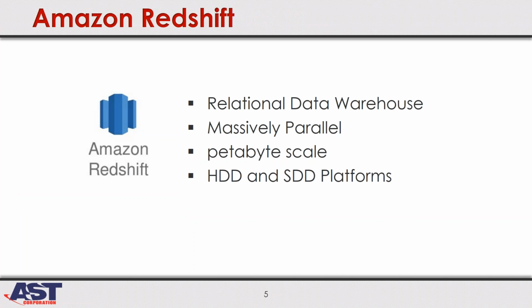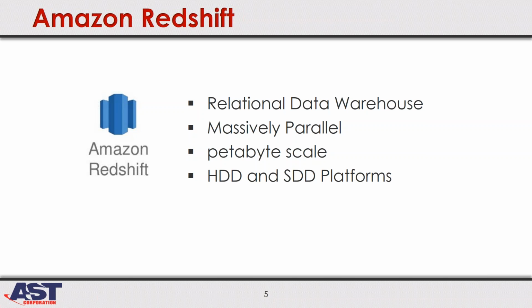Amazon Redshift is a relational data warehouse, so we have relational compatibility with it, and it is massively parallel. Massively parallel means it can be extended not in the serial way, but in the parallel way.